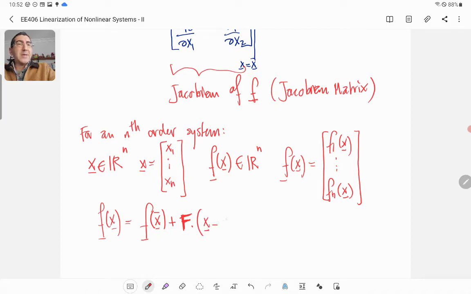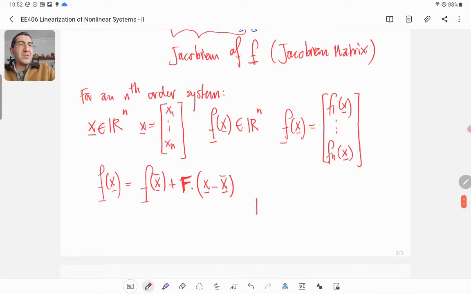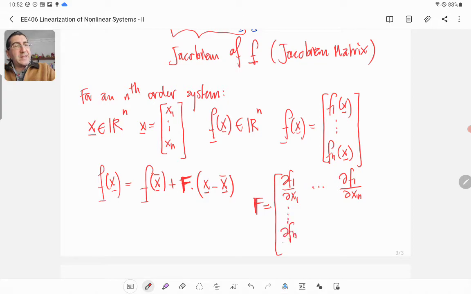And the Jacobian matrix in this case is simply equal to the set of derivatives df1 over dx1 up to df1 over dxn, and over here dfn over dx1 up to dfn over dxn.